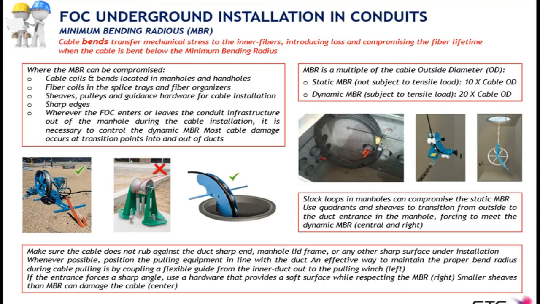When using pulleys or winches, be aware of that minimum bending radius. If you use guidance hardware, for example, quadrants as you can see here, or pulleys or other equipment, set that equipment to respect the minimum bending radius of the cable that you are installing.